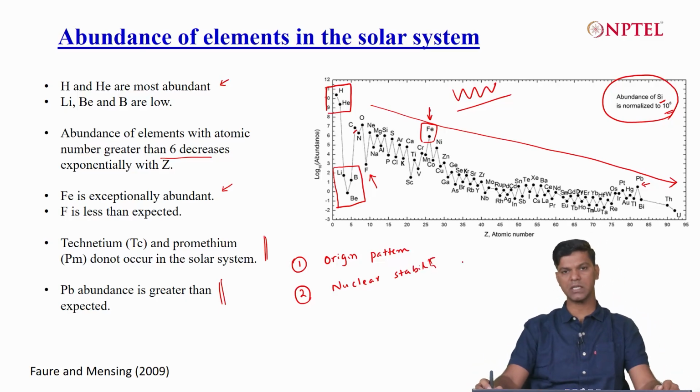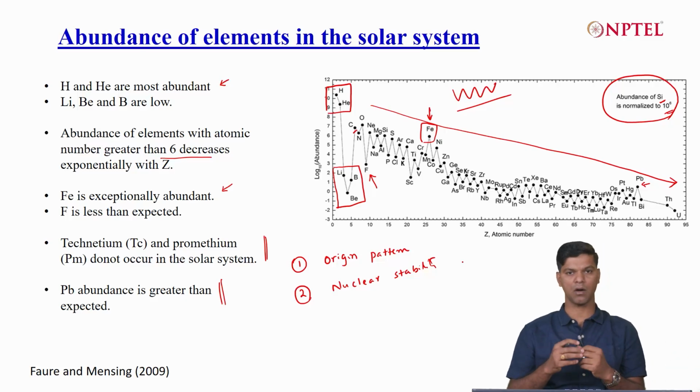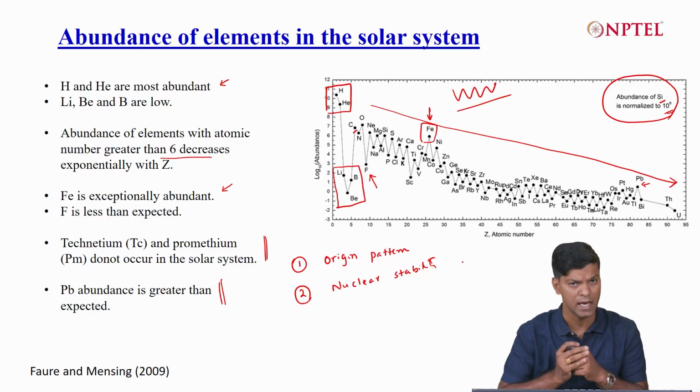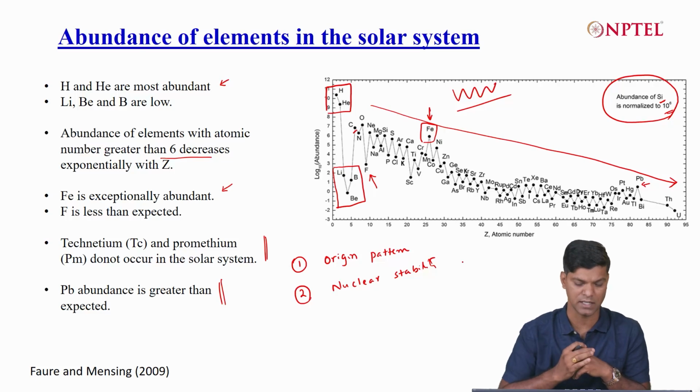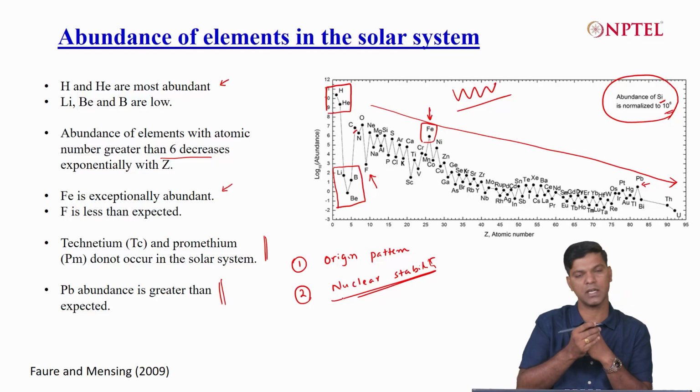Now, about the origin, these elements to start with have formed either in the Big Bang or in stellar nucleosynthesis processes, or through subsequent capture of neutrons or protons in extraterrestrial space or inside the star. That we will discuss in the next lecture, but today we will talk about nuclear stability.